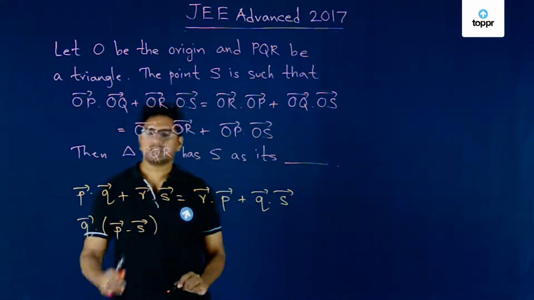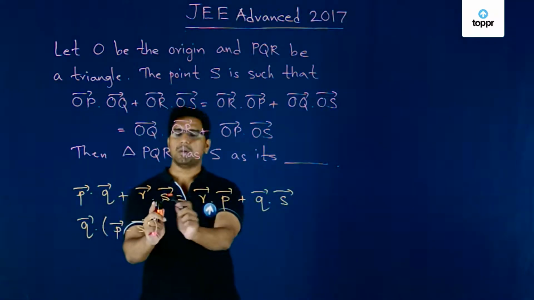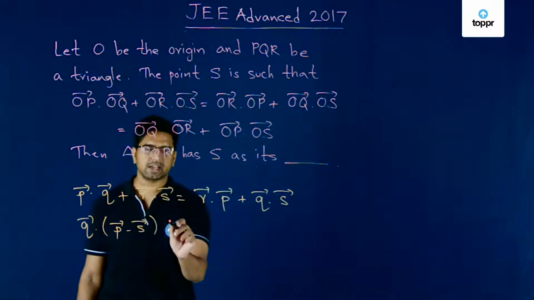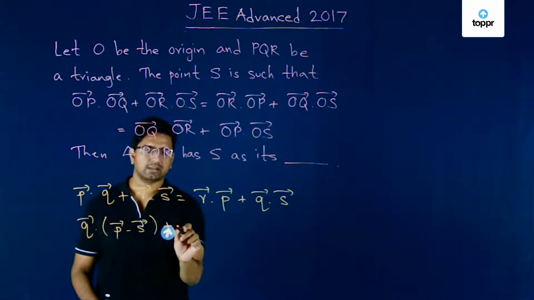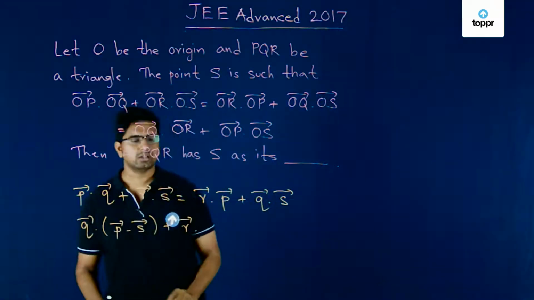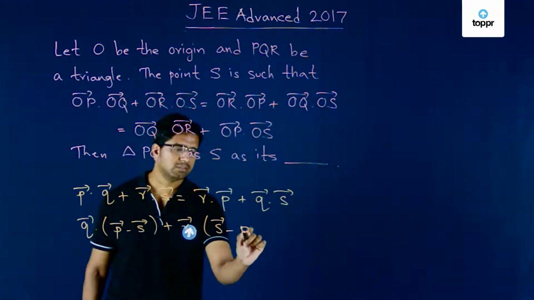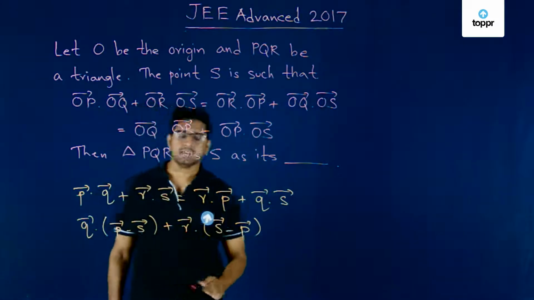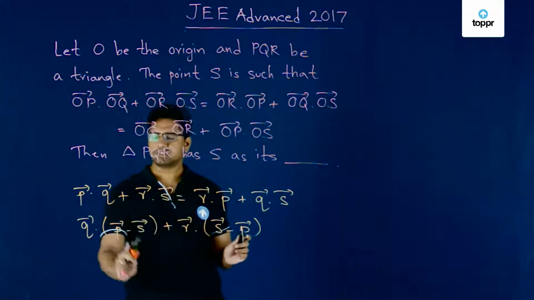And over here, there is r which is common in these two terms, and therefore I can write it as r dot, and this becomes s minus p. Now have a look here, we have r dot s minus p and we have q dot p minus s.